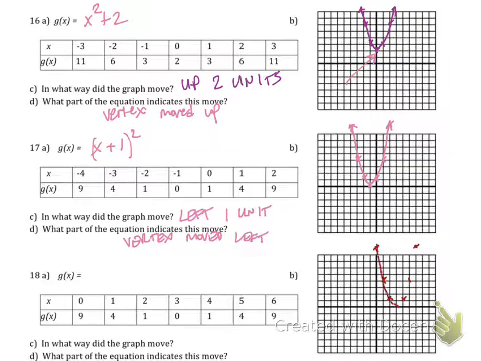And 6, 9. So taking a look here, we can say that our equation would be x minus 3 squared, because now it's moved to the right 3 units. And we can follow it up here, and we can talk about the vertex moved right and call it good.